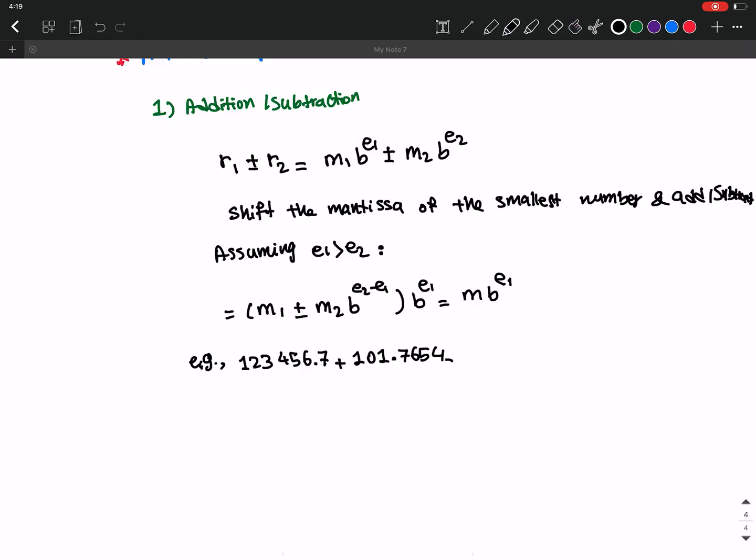First, we convert them into scientific form, with the convention that we made. So it's going to be 0.1234567 times 10 to the power 6 plus 0.017654 times 10 to the power 3.